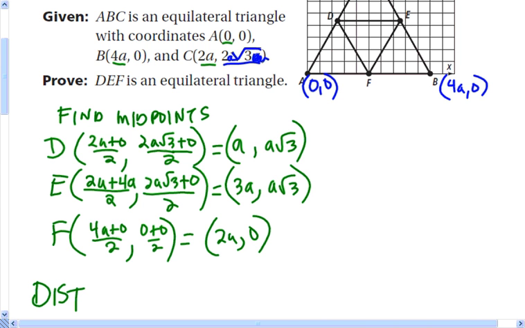And our distance from D to E is equal to the square root, using the distance formula, from D to E, so I have to use these points. Subtracting those, I do 3a minus a.